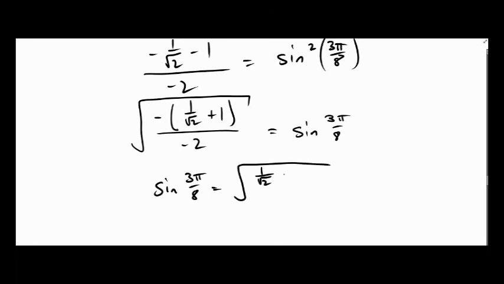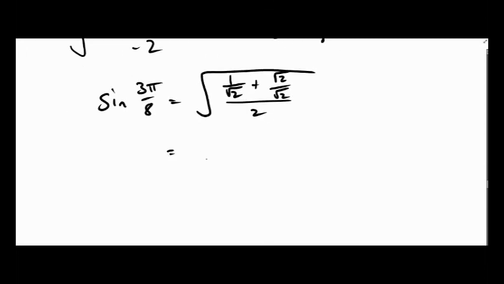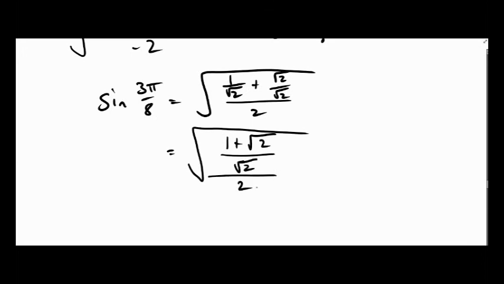And I'm going to simplify this a little bit further because we don't want fractions in fractions, plus root 2 over root 2 all over 2, which is equal to the square root of 1 plus root 2 over root 2 all over 2.